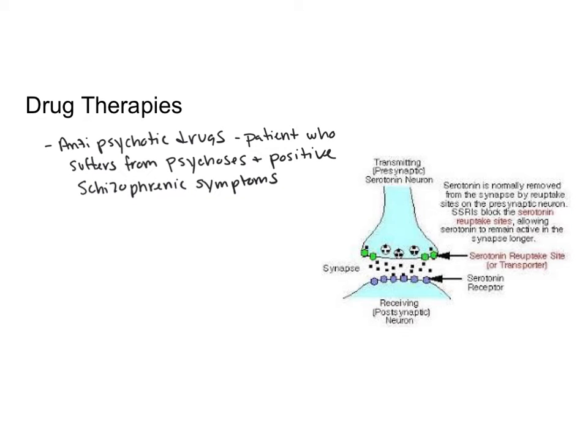Now, how this works is it is going to block dopamine. Remember, the dopamine hypothesis for schizophrenia is there's a belief that there might be too much dopamine in your system, which may give you the schizophrenic type symptoms.